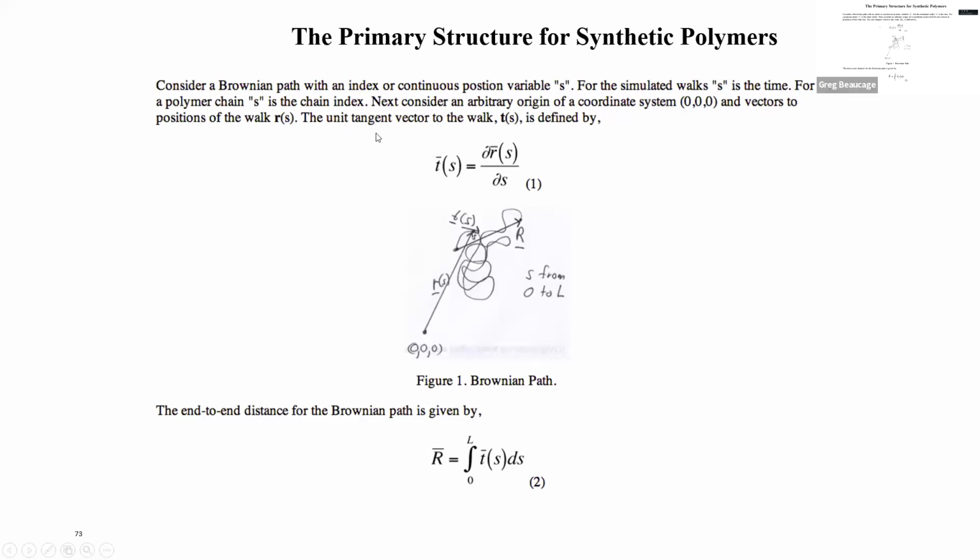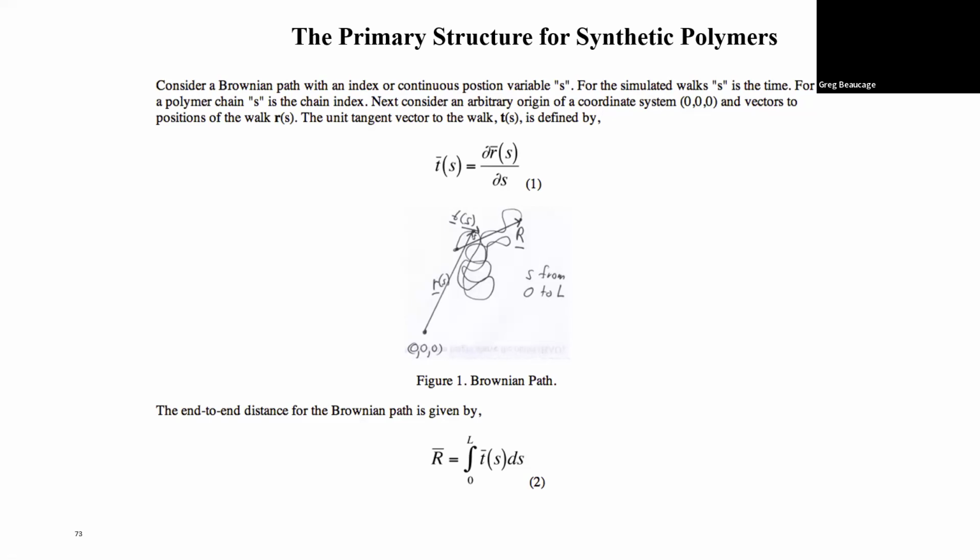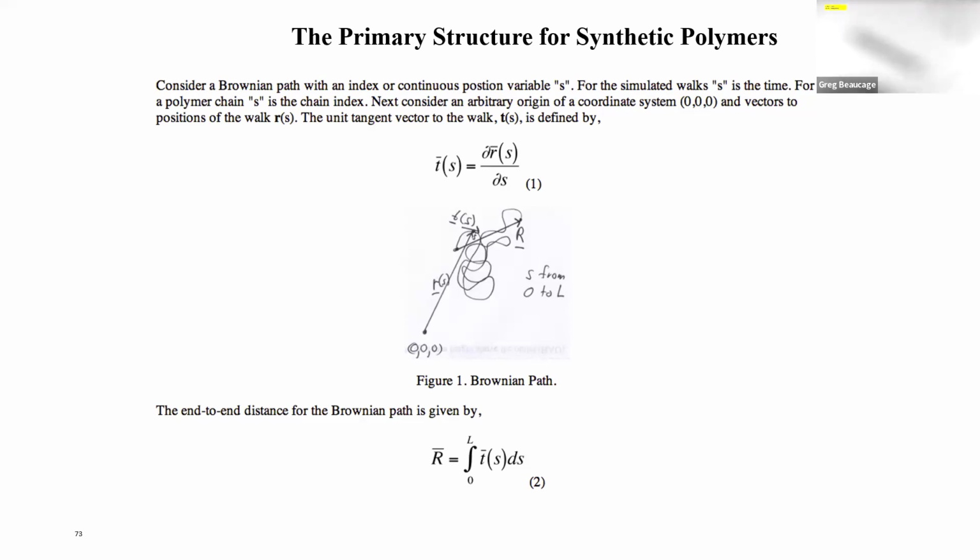Anyway, so let's see. Let me go over here for a second. Right, so we had this Kuhn model, which is the N L squared R squared.